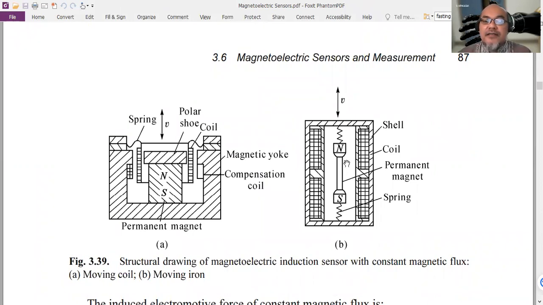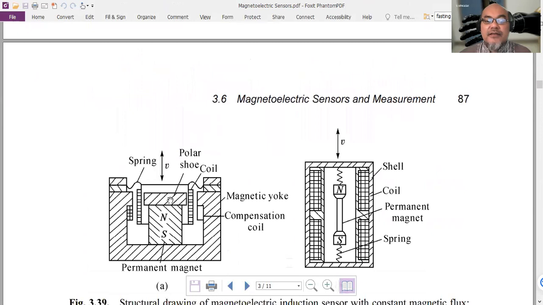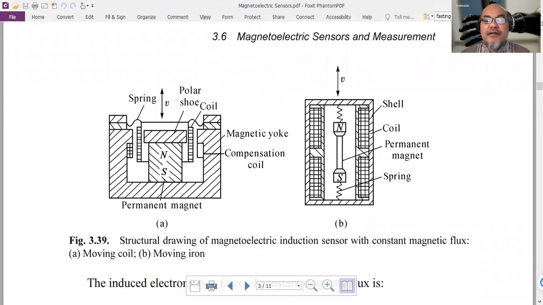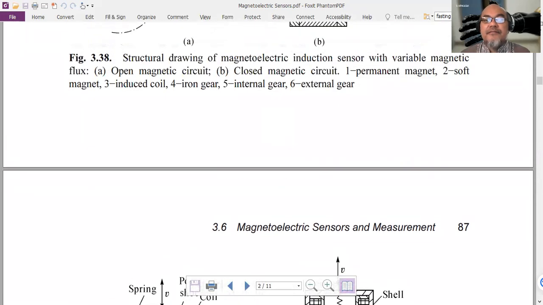In this case, it is the iron that is moving due to velocity or acceleration, so the magnetic flux that impinges on the coil will change, but the magnetic flux itself is constant. Here the conductor, the moving coil, is the one moving relative to the magnetic field.